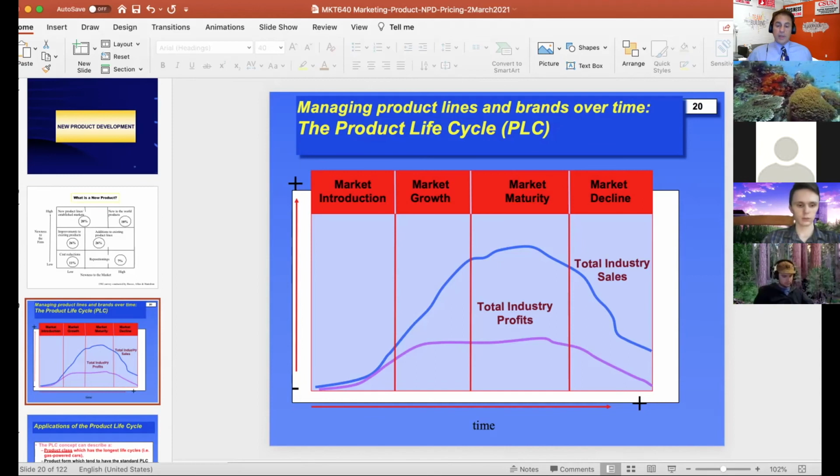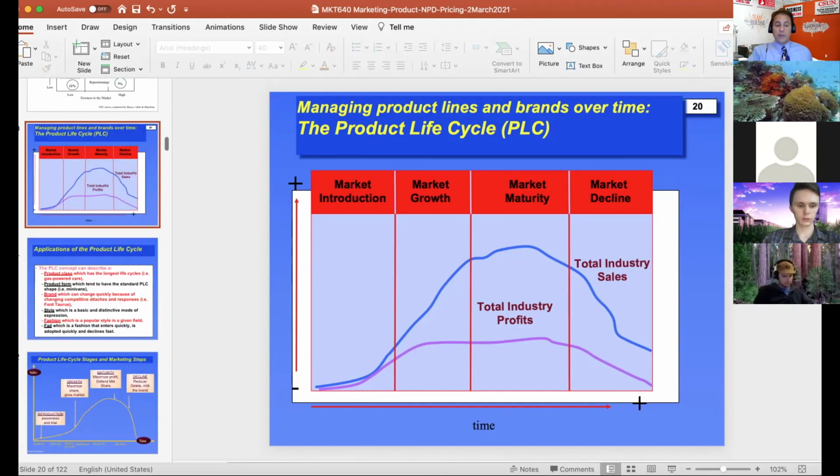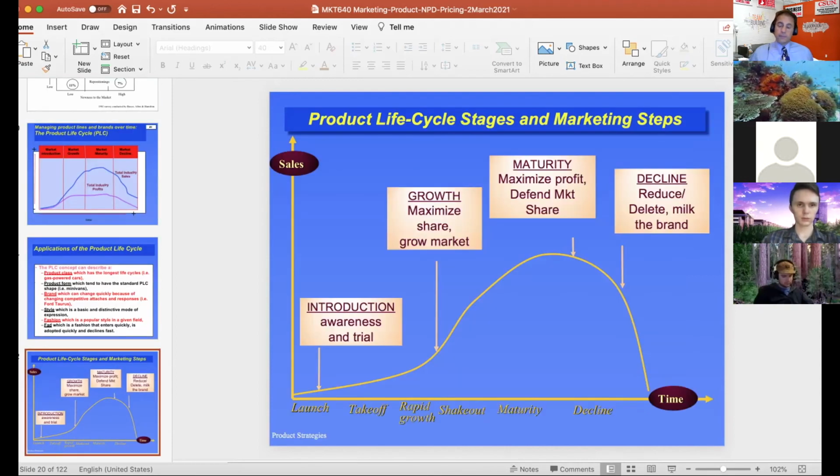And what happens is when it goes inside these different stages, you have different strategies or different focus. So in the introduction stage, you must be trying to get people to hear and know about the product, being aware. In the next stage, you try to maximize share and grow the market in the growth.